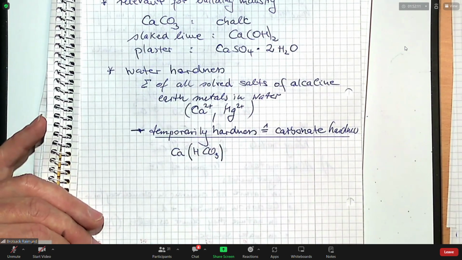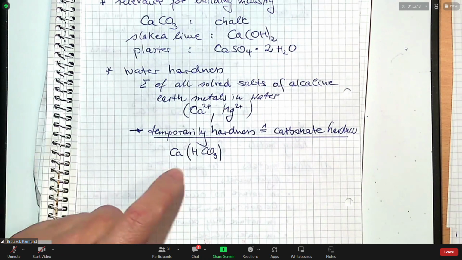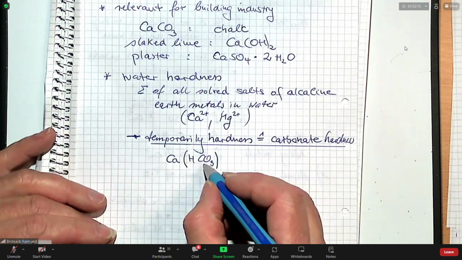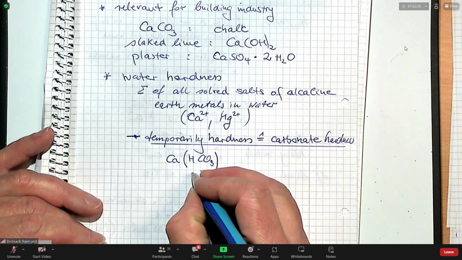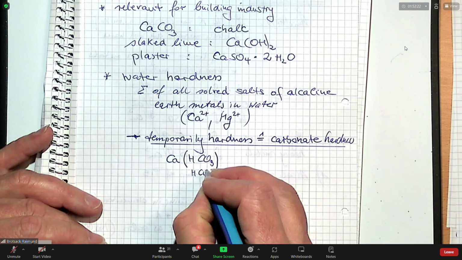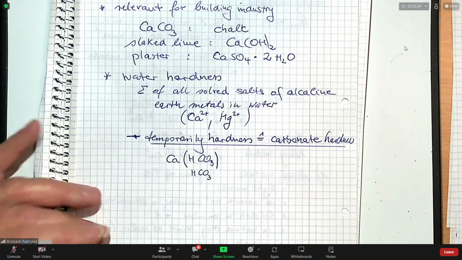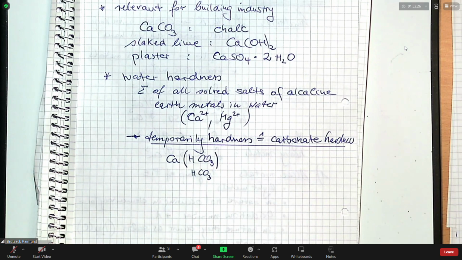What is the charge of the HCO3? When you just look at the HCO3, there is a charge of this ion, and you should calculate it. What will be the charge of this one? +1. Why?